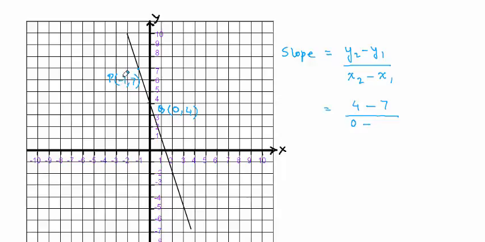We need to be careful about the sign because x1 itself is a negative number. So 0 minus -1. And this turns out to be equal to 4 minus 7 is -3. And on the bottom we have 0 minus -1, which is 0 plus 1 or 1. And therefore the slope of this straight line is -3, because this line is going down as you move from the negative to the positive direction of the x-axis. And that explains this negative sign out here.